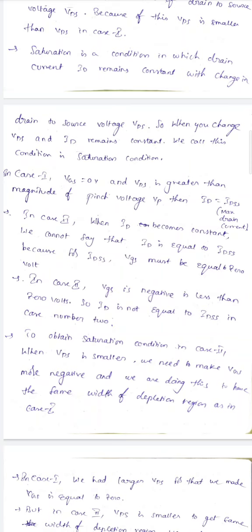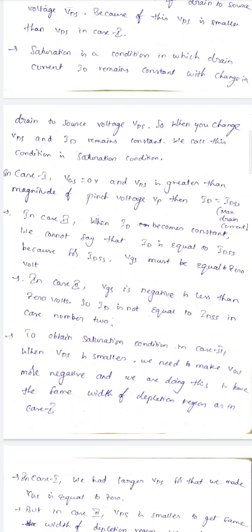So in case 1, VGS is equal to 0 volts and VDS is greater than the magnitude of the pinch off voltage VP. The maximum drain current is IDSS.